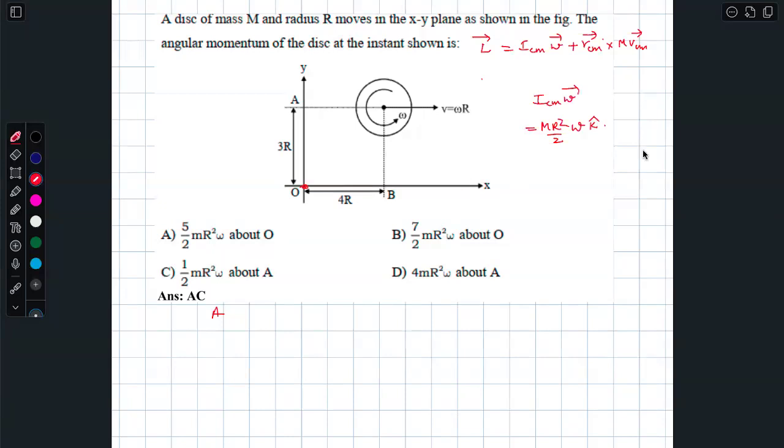Now about A, you take L bar is ICM omega bar plus RCM bar cross MVCM bar. That is MR square by 2 omega K cap plus. The second term here is 0.